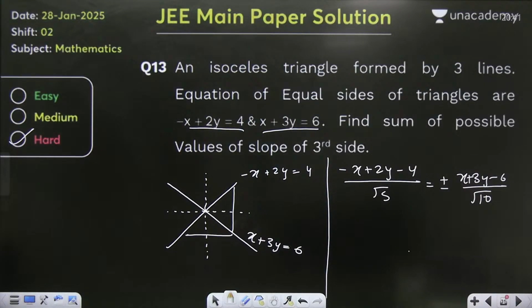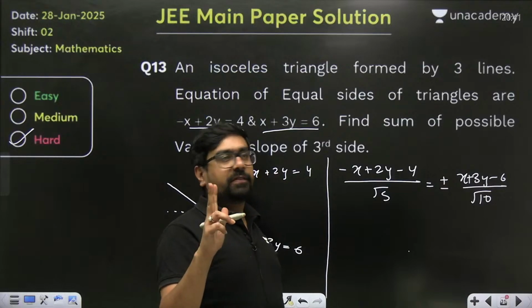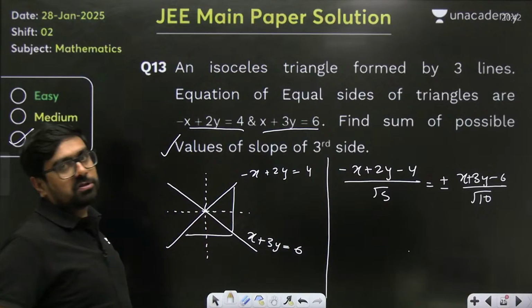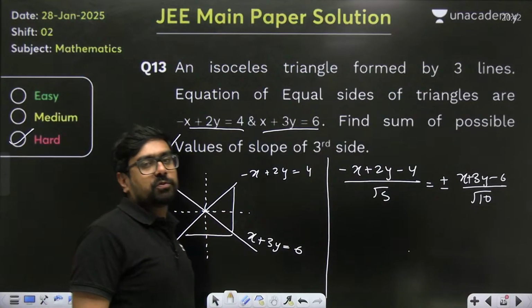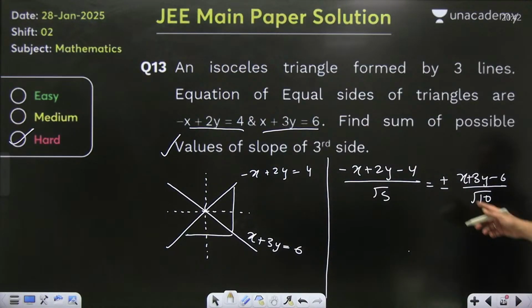When we solve once with plus and once with minus, we'll get two different lines and two different slopes. So the sum of those slopes will give us the sum of possible values of slopes of the third side, right? We'll get two slopes, once with plus, once with minus.